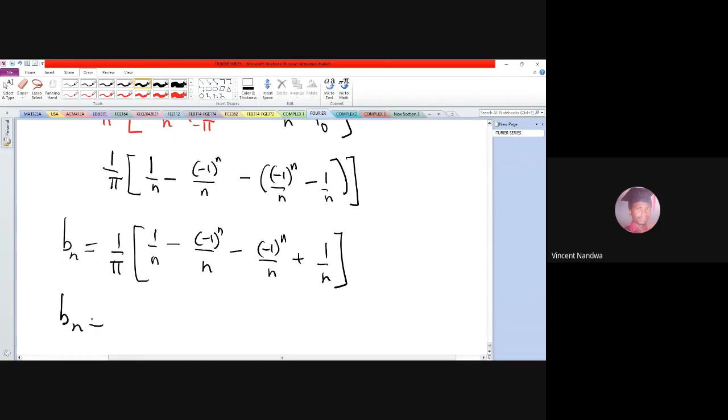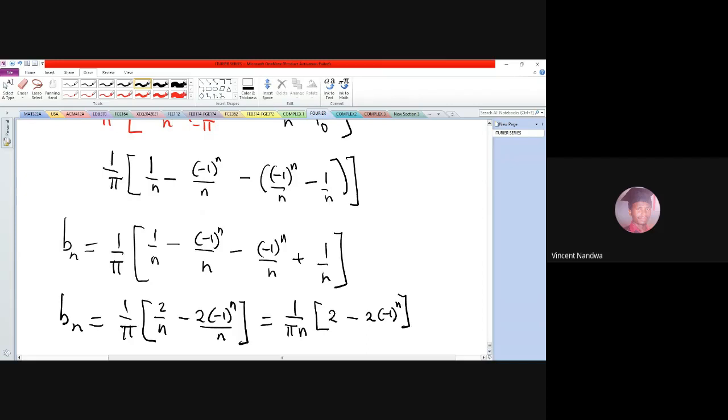So Bn will be 1 over pi into, this will be 2 over n, and then minus 2 times (-1)^n over n. So it can be written as 1 over pi n into 2 minus 2 into (-1)^n.